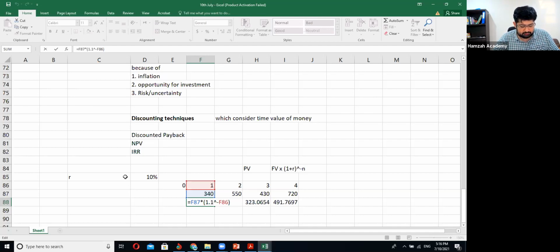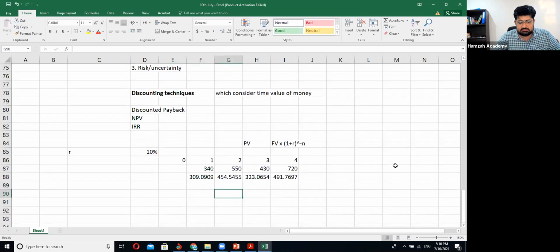Now, next point. The next point is, students, do you see here, we have converted future value into present value. So we have incorporated time value of money. Is it clear?